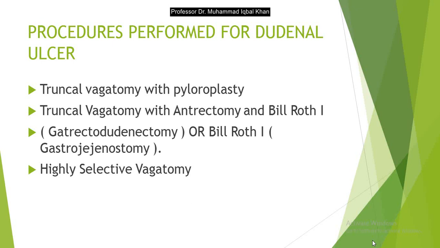The proximal jejunum is taken up to the proximal stomach, and the cut distal jejunum is again anastomosed with the jejunum. This is called Roux-en-Y jejunostomy.